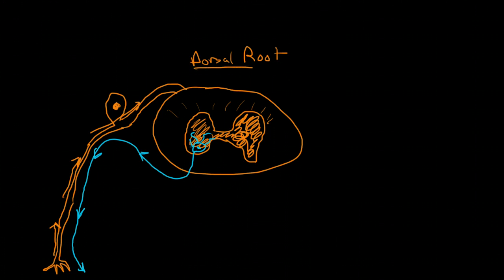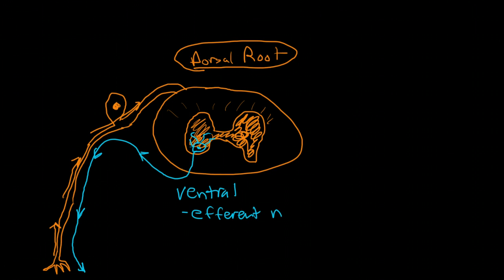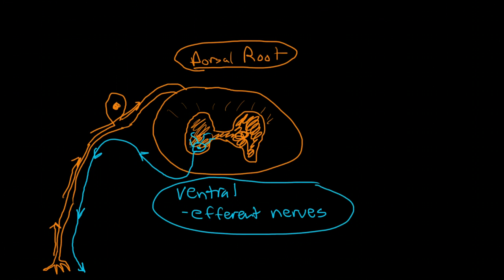So the dorsal root has the sensory afferent nerves, and the ventral root has the outgoing efferent nerves. Now it's important to be aware of this anatomy because it has some useful aspects to it.